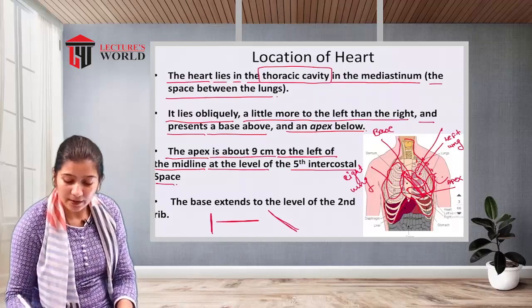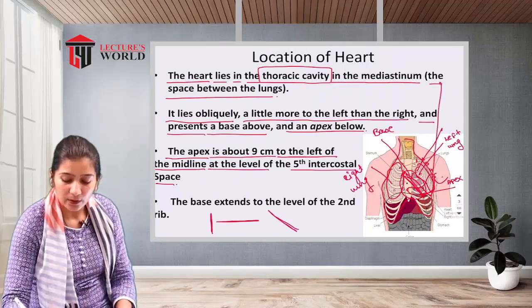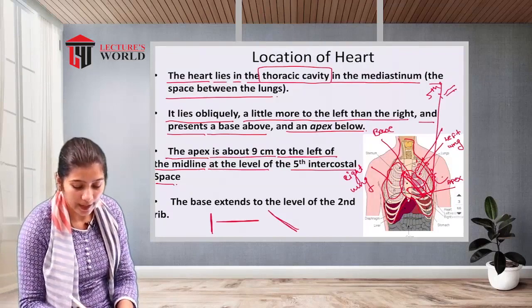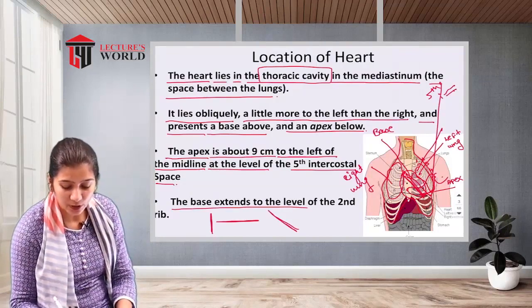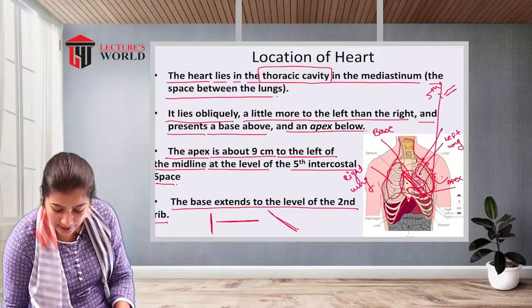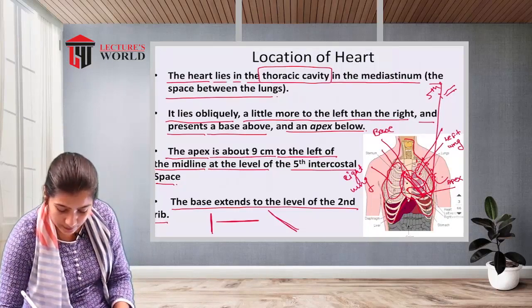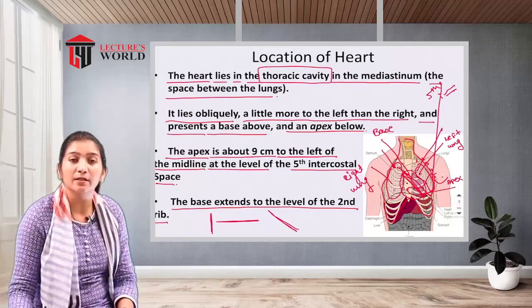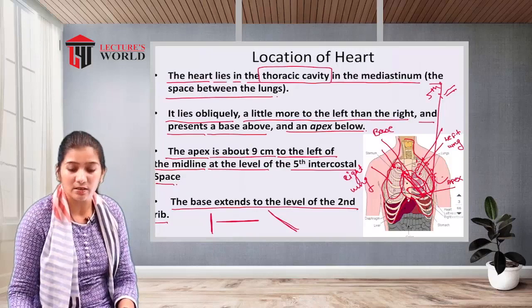So the apex is at the 5th intercostal space and the base extends to the level of the second rib.